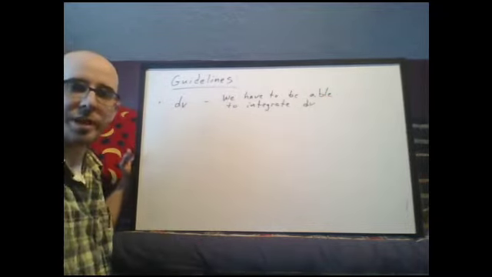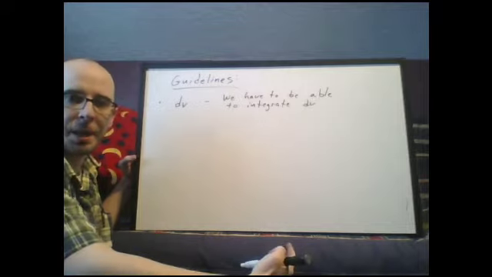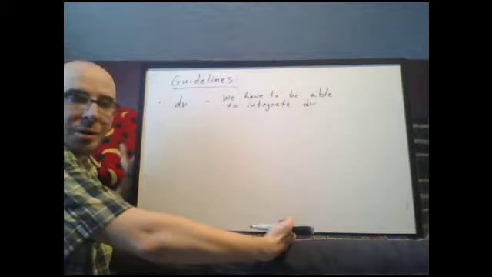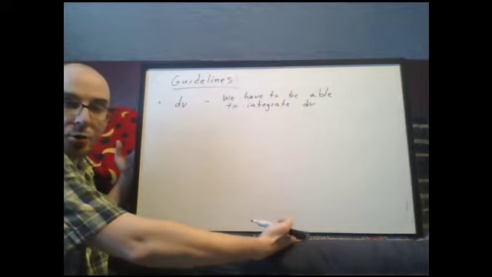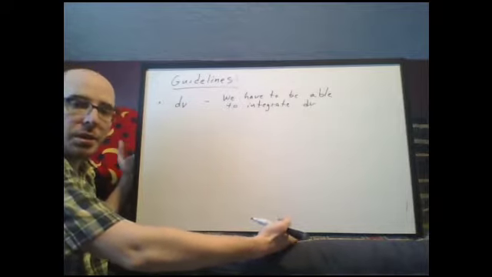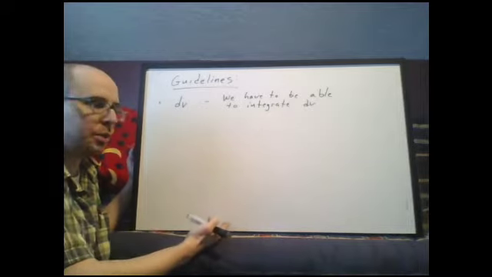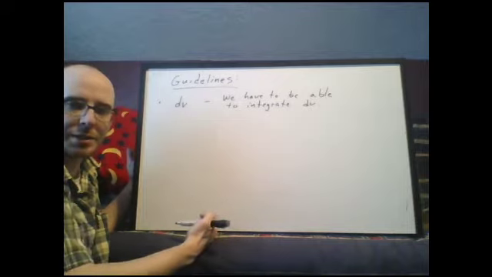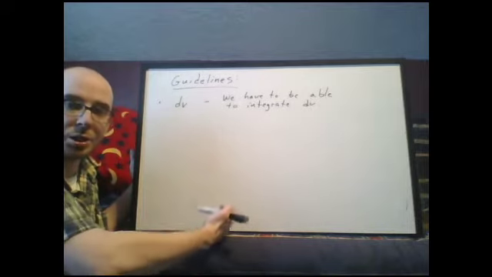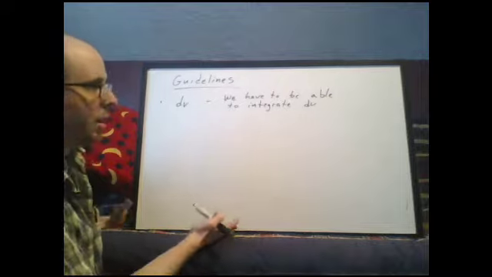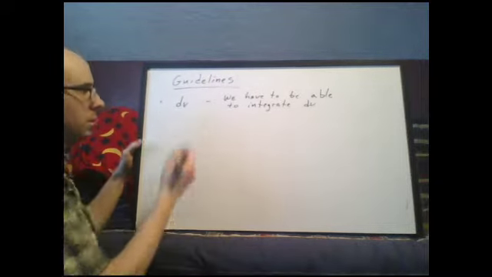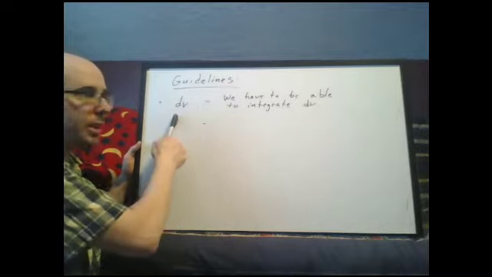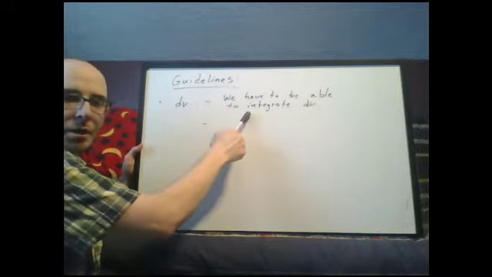So if I have dv, I have to be able to figure out v. Whatever dv is, it needs to be something I know how to integrate. And we can't integrate every function. For example, if a logarithm appears in your integral, we don't have an integration rule for log. So I don't know how to integrate ln x, so ln x would be a bad choice for dv at this point. Whatever dv is, it has to be something I know how to integrate.